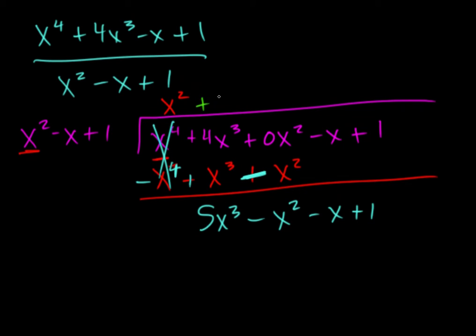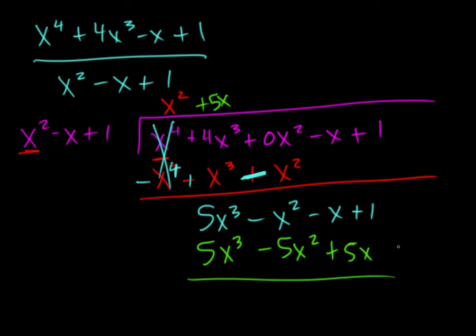Okay, this needs to be multiplied by x, or 5x. Multiply it back, 5x cubed minus 5x squared plus 5x. We want to change the signs. These cancel. These become 4x squared. This becomes negative 6x, and then we still have that plus 1. Okay.